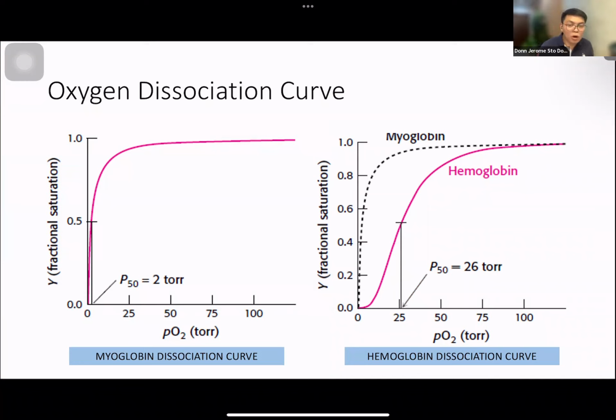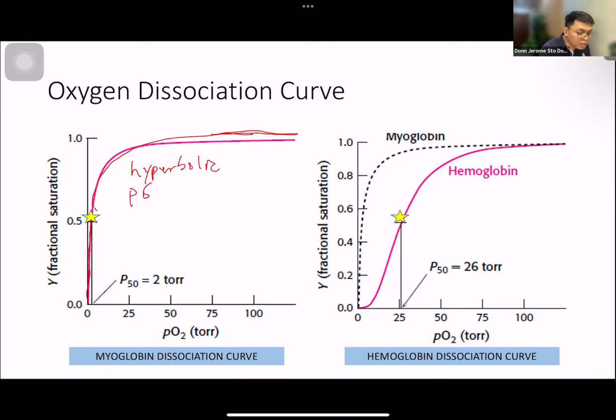On your left is your myoglobin dissociation curve. On your right is your hemoglobin dissociation curve. The myoglobin dissociation curve, as you see here, rises sharply, very steep, eventually leveling off, resembling a hyperbolic curve.